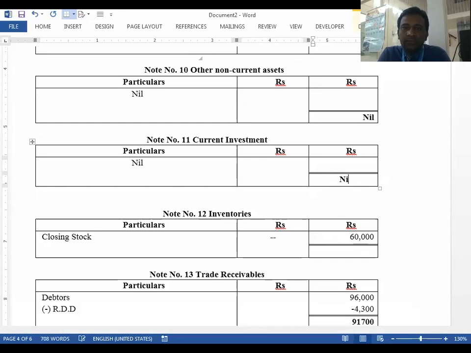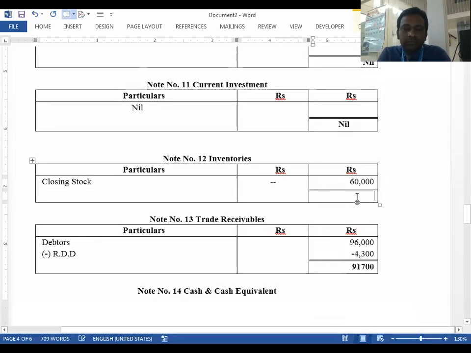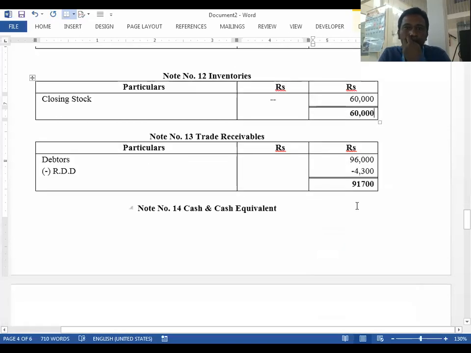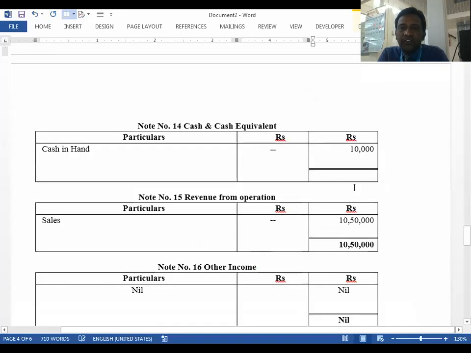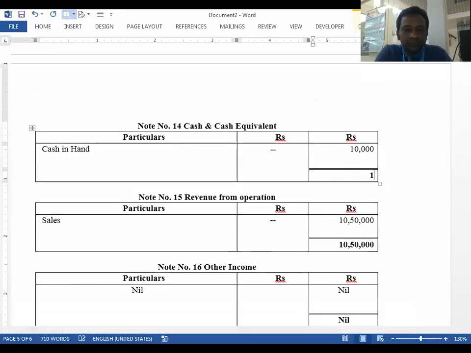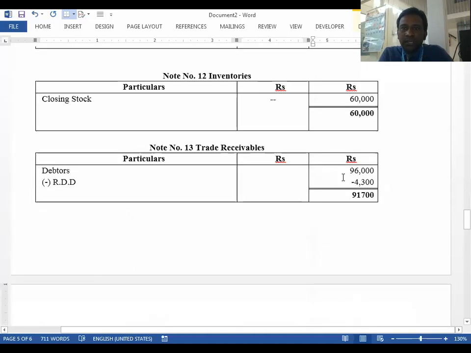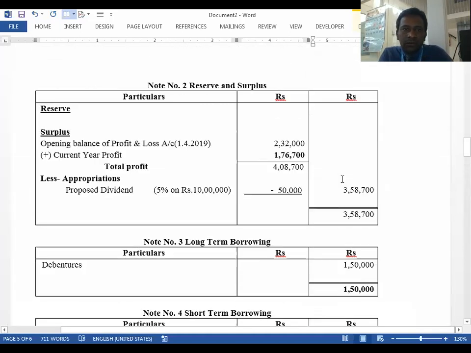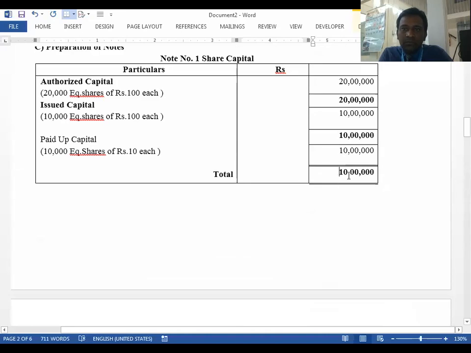Current asset is nil. Inventory is 60,000. Trade receivable 91,700. Cash equivalent 10,000. Now just transfer all items to the balance sheet.